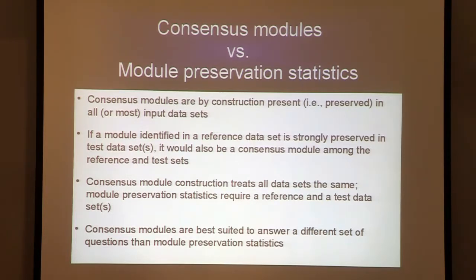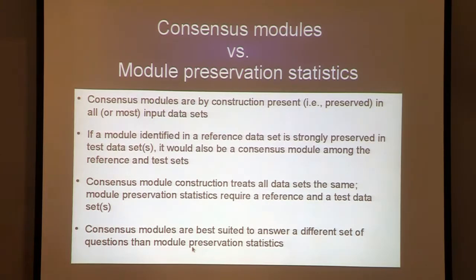And so the two methods give different answers and answer different questions. The consensus modules are really best suited to the case where you have several data sets that you want to treat on the same footing.